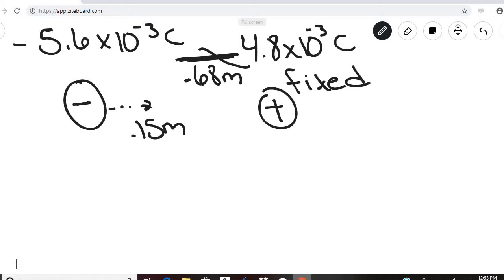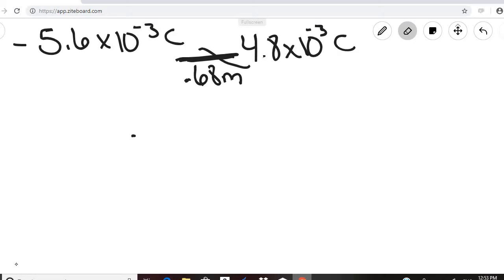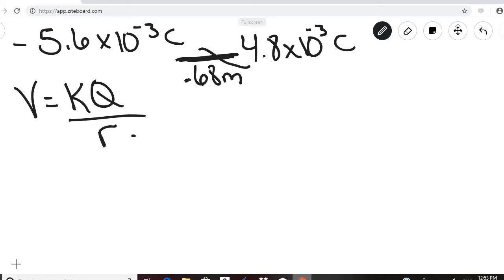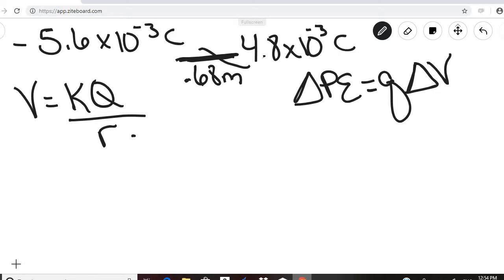Okay, so let's go back to what we know. So we know that V is equal to K times Q divided by R. And we also know that the change in potential energy is equal to Q times the change in V. Okay, so the first thing we've got to do is figure out what the change in V is.